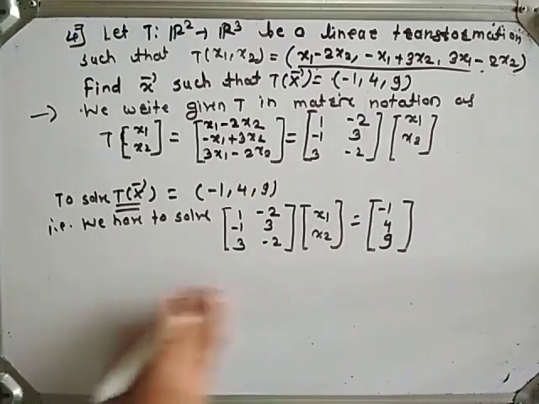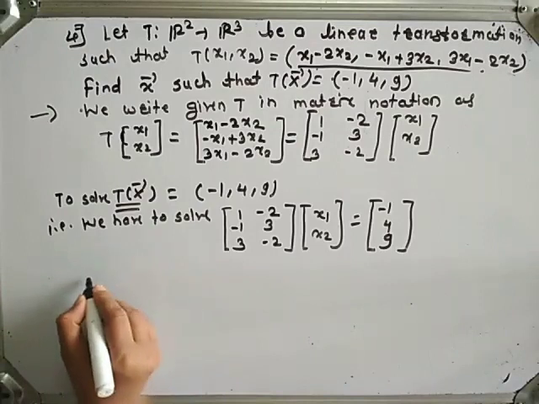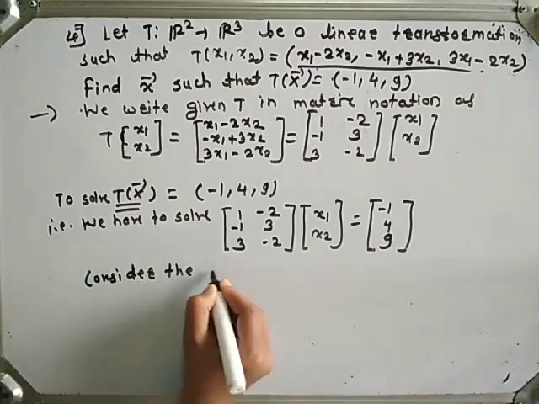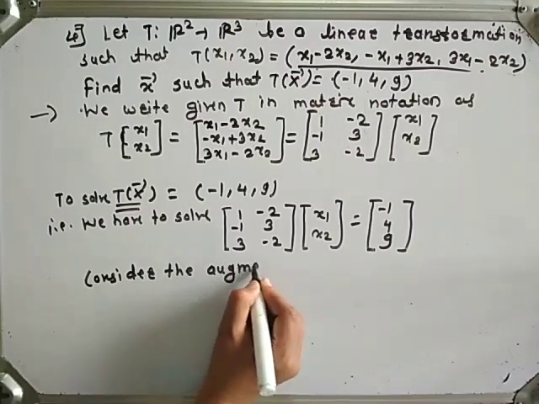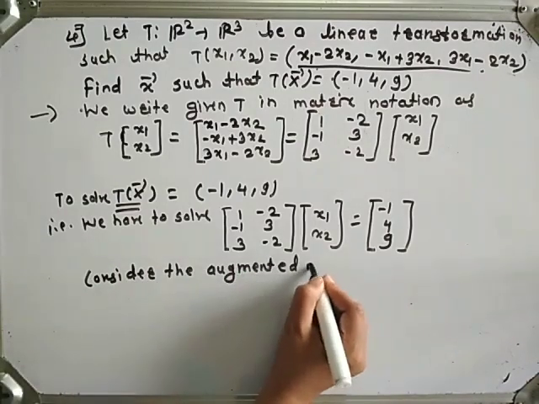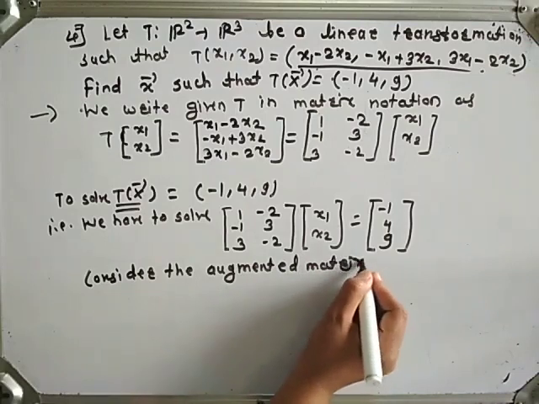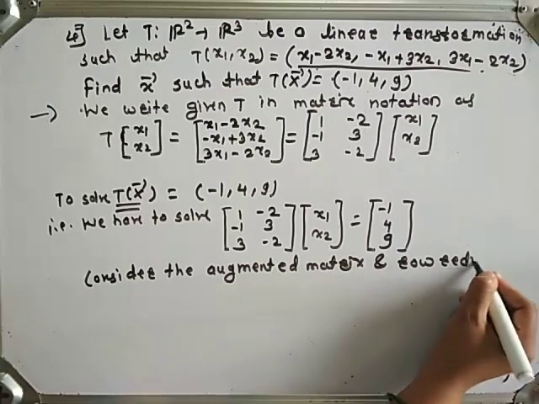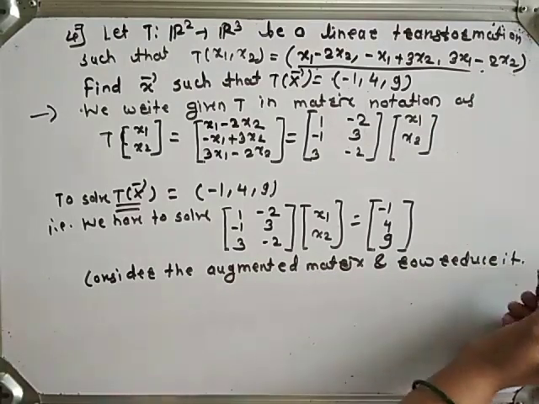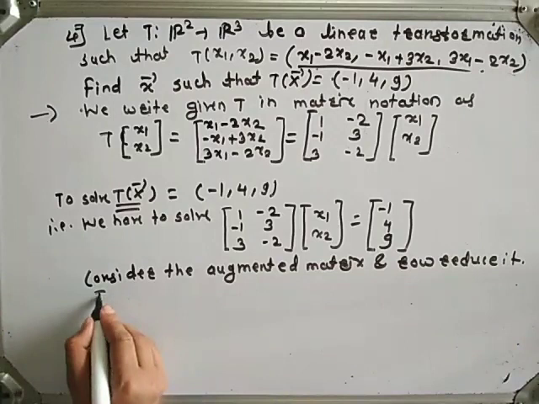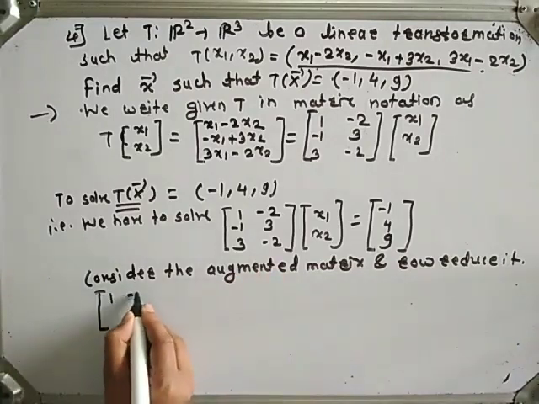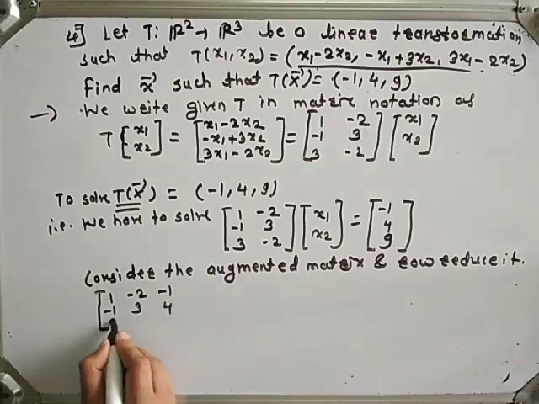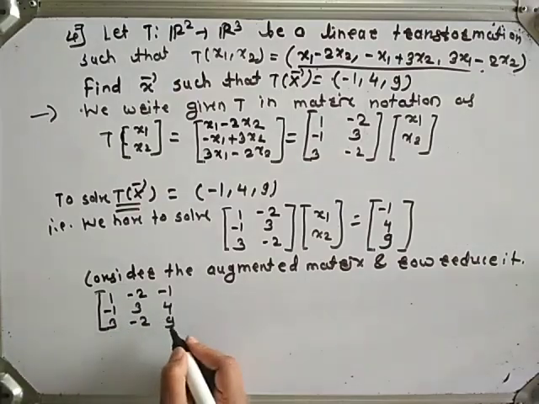Okay, consider the augmented matrix and row reduce it. Augmented matrix is 1 minus 2 minus 1 minus 1, 3, 4, 3 minus 2, 9.